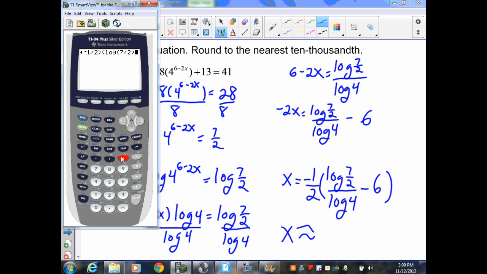I'm going to divide by the log of 4, and then close that set of parentheses. And then I'm going to subtract 6, and then close the set of parentheses after that. And then I hit enter, and my approximation is 2.5481. I'm going to round to the 10,000th position, which will give me 2.5482.